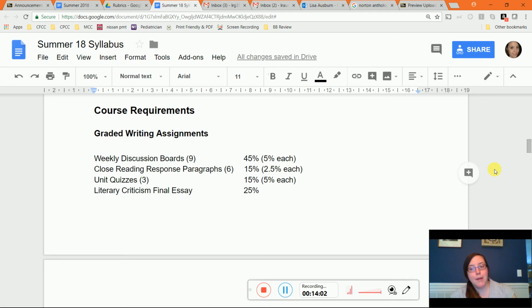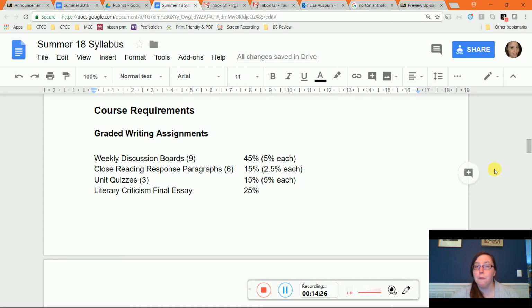And the reason they're a paragraph is because to prepare you for the final essay, I want you to be able to write a successful paragraph. I've taught literary analysis in English 112 in the past, and I've felt like there's just not enough time to really help students understand what it takes to analyze a text and write about it.